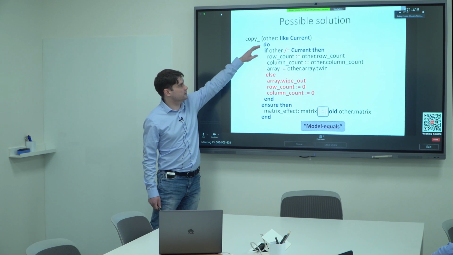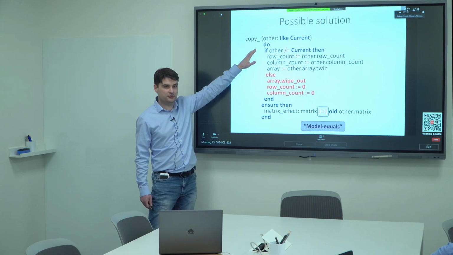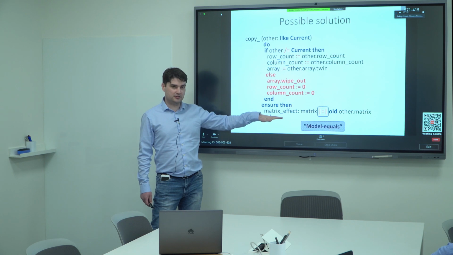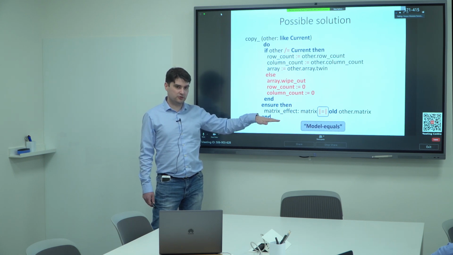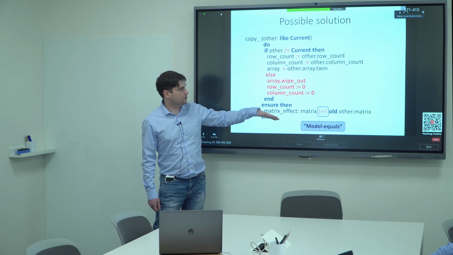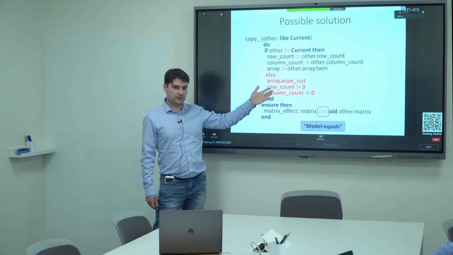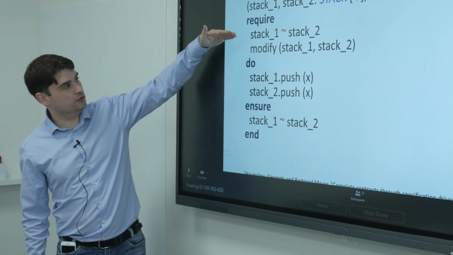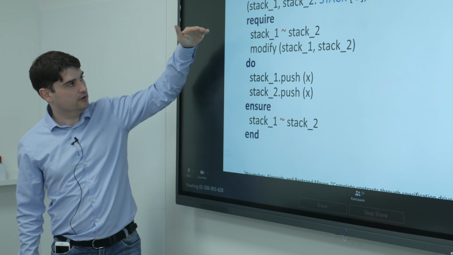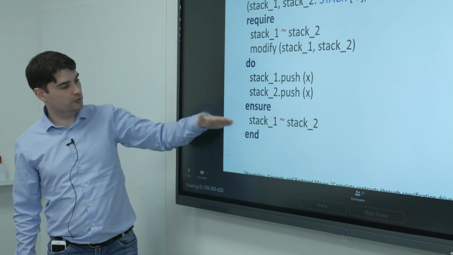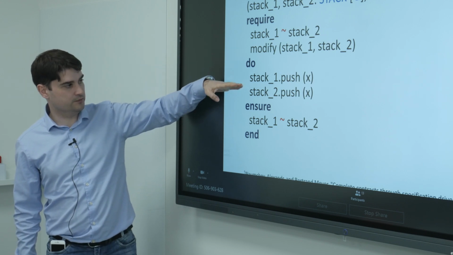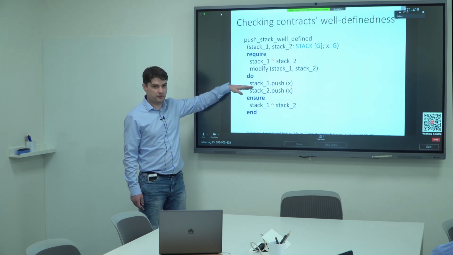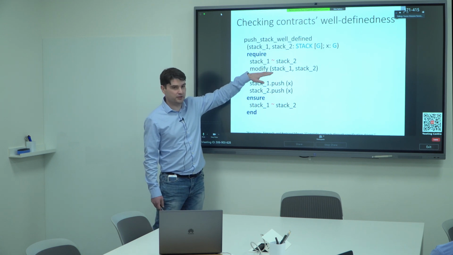So let's say in the beginning you say explicitly that this method is allowed to modify something, but then you will have to specify these effects in the postcondition. If you do not specify these effects, if you leave the question open how exactly you modify these objects, then you will fail this check, because the prover will not be able to assert that if two objects were equal in the beginning, then they will remain equal in the end after the same call is applied to both objects, because the frame will be larger.